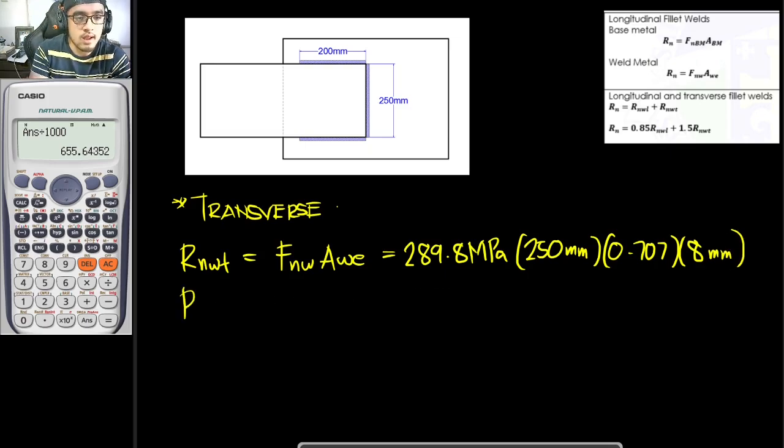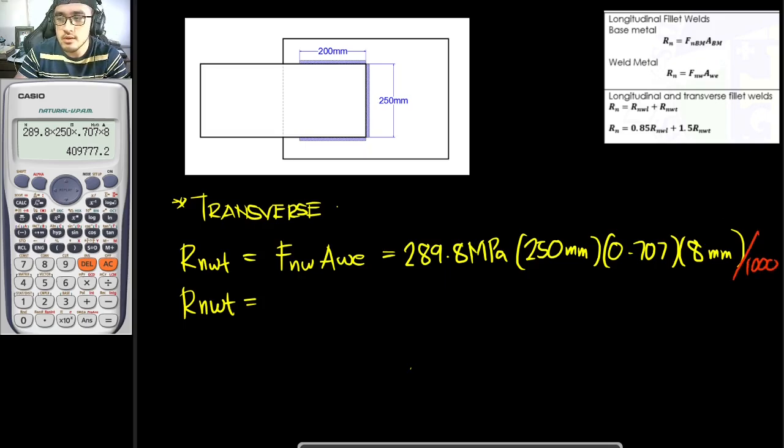So getting the answer for our RNWT, this is equal to 409,777.2. And once again, if we divide this by 1000 to arrive at an answer in kilonewtons, that is equal to 409.78.